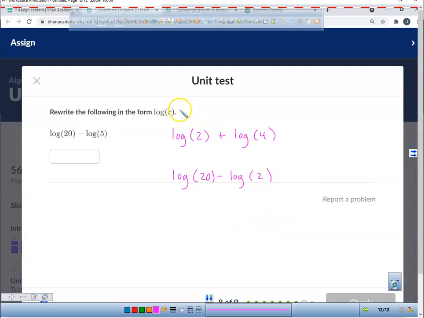All right, so the first thing we're going to talk about is this concept: log of A plus log of B equals the log of A times B.